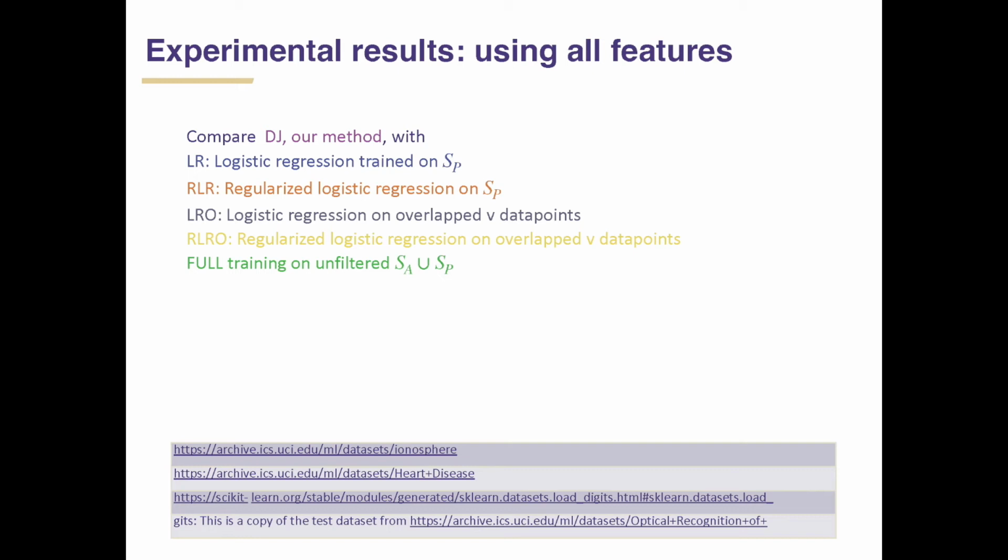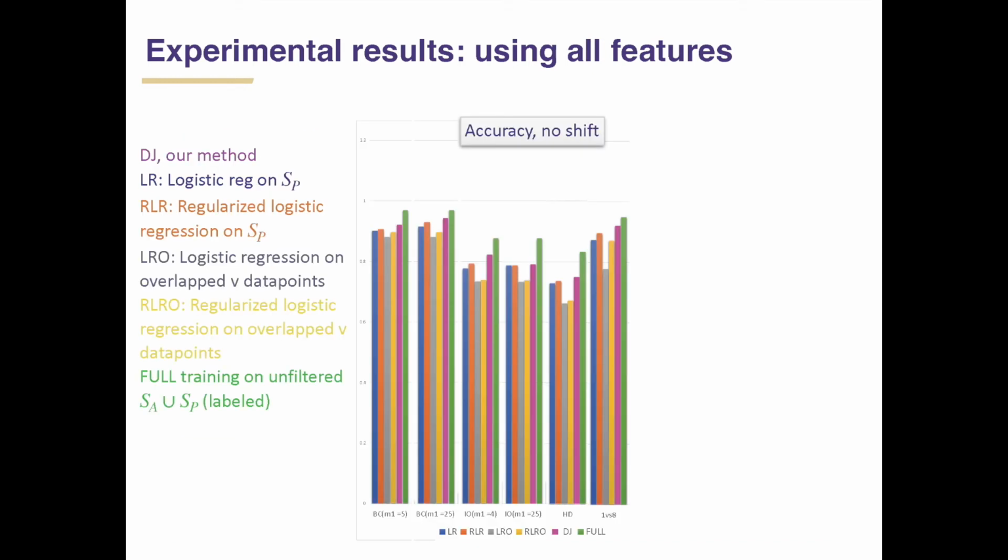Okay? And then we finally compared what we do to training on the entire union of these data sets when you had A and Y, right? You had all features, all auxiliary features and labels for all of them. That is sort of an unfair comparison for us, as opposed to for the other experimental benchmarks.